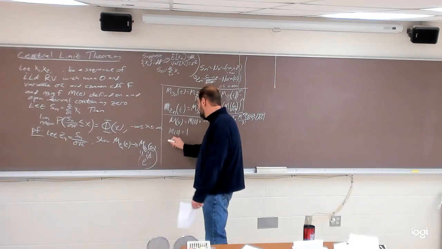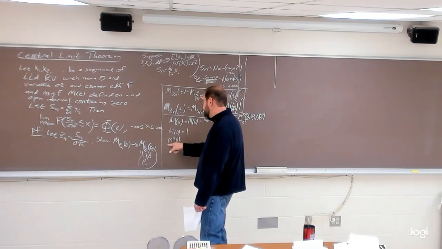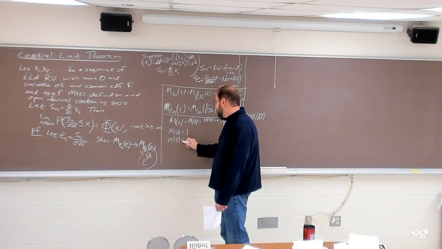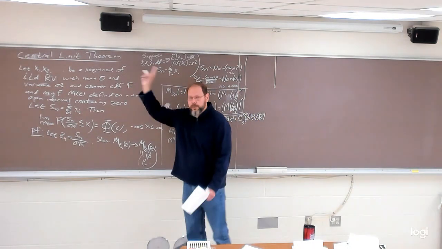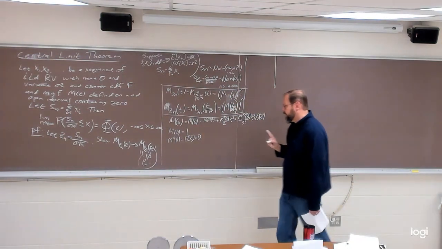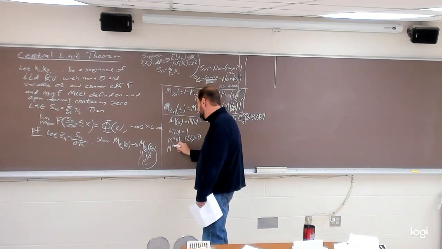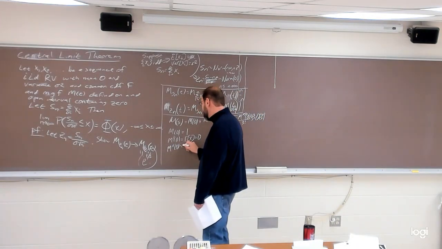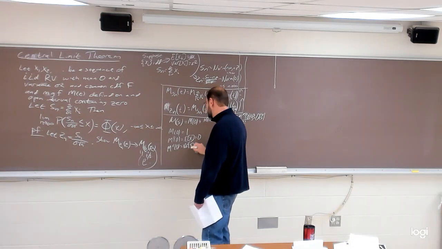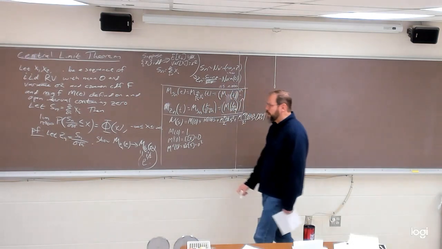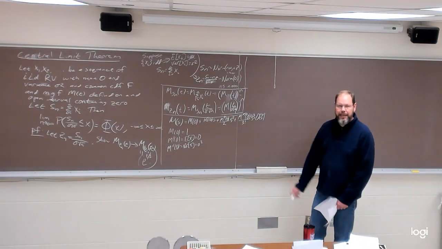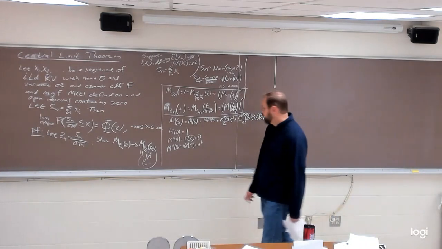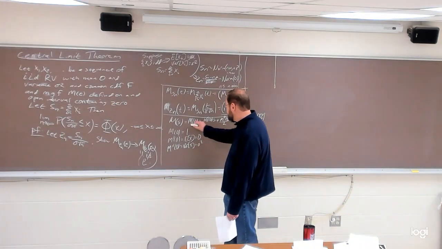And if I take the derivative of the moment generating function and plug in 0, that's the expected value of X. That's my mu, which is equal to 0 in this case. And the second derivative is the variance of X, which is equal to sigma squared in this particular case. And the third, I'm not sure what it is. Doesn't really matter for this purpose.